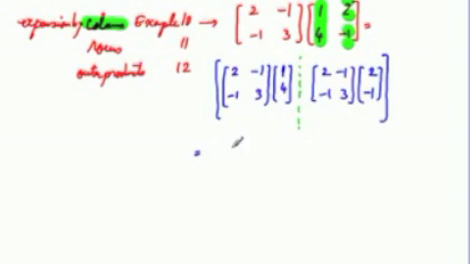So how do you do that? Well, just based on the definition, what do you get? 2 times 1 minus 1 times 4. And what do we get out of it? 2 and minus 4, so I get negative 2. And then I multiply this one, so I have minus 1 and 12, so I suppose I get 11.